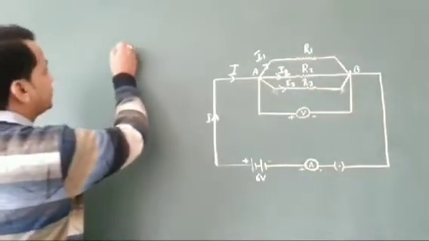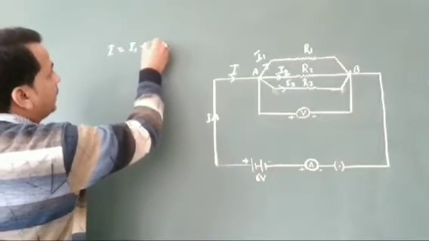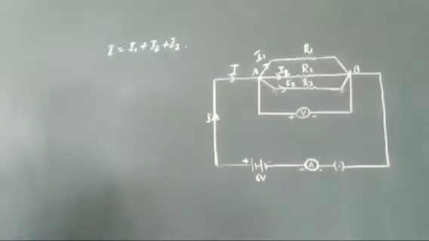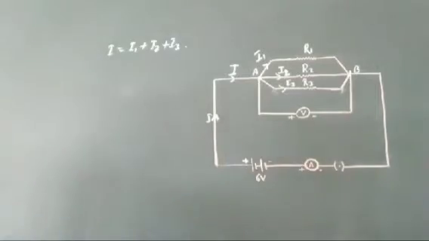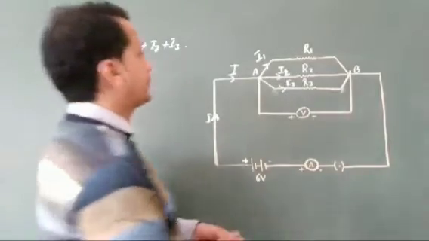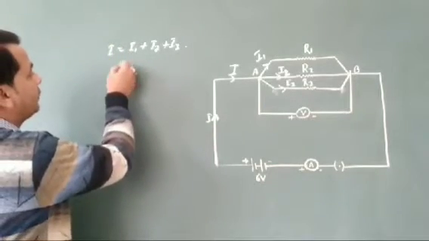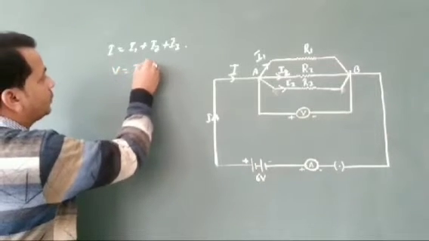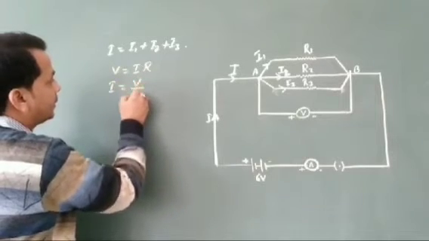So the net current, the total current, is I1 plus I2 plus I3. According to Ohm's law, V equals I into R. So I equals V by R.